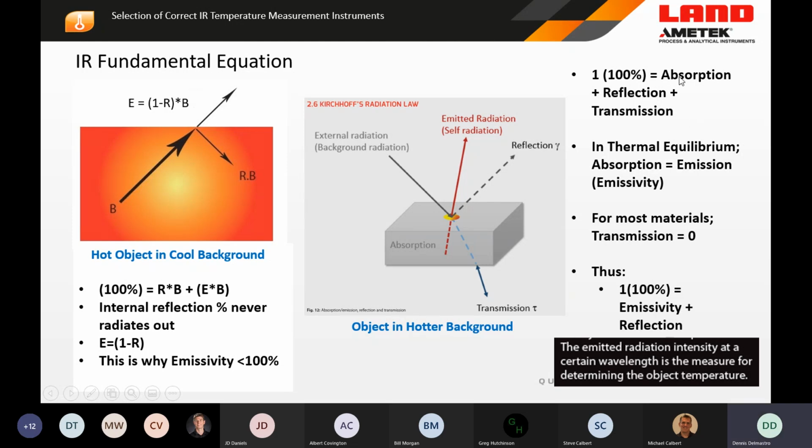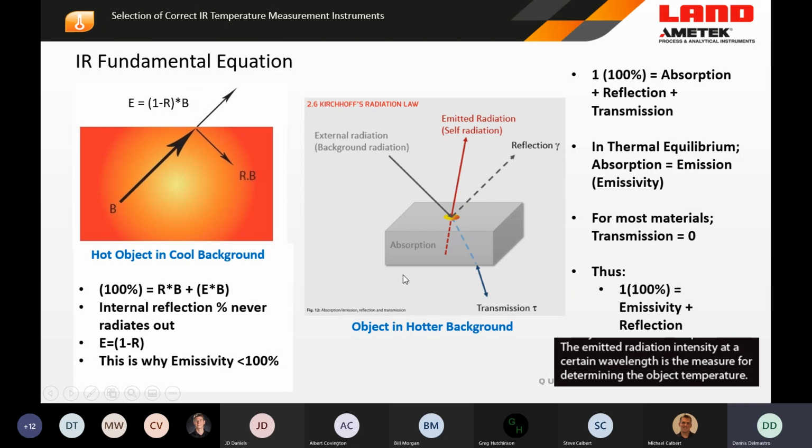It's 100% that's equal to the absorption, the reflection, and the transmission. Now, in thermal equilibrium, the absorption will equal the emission, and most materials are solid, so you can't really see through them. Now, there are exceptions, glass, plastic, but usually the transmission is 0. So our equation here now simplifies to the same equation we had over here. 100% is equal to emissivity plus the reflection. Here's just something to keep in mind.